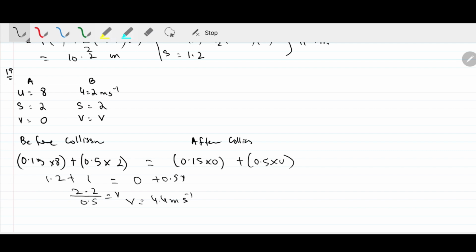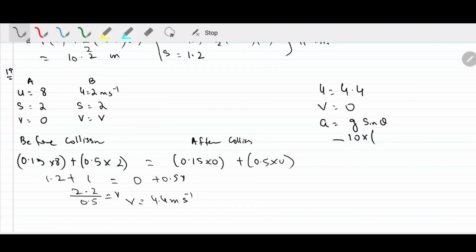Now we need to prove that in the subsequent motion B does not reach Q. So now the initial velocity of B is 4.4. Final velocity will be 0. And since it's a smooth plane, acceleration will be g sine theta. G is 10.